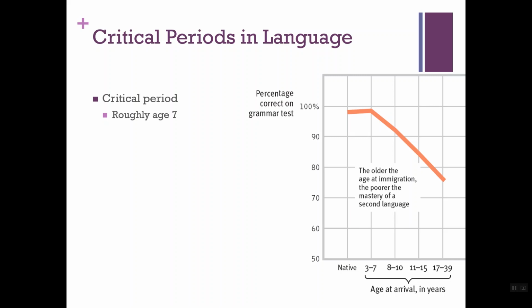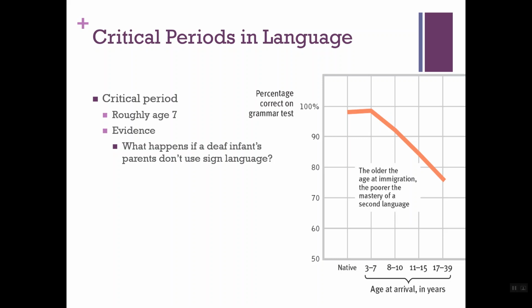Okay, and so we saw that with Jeannie, but there's a couple of different bits of evidence for this. So if a deaf infant's parents don't use sign language to speak to their child, to communicate with them, I should say, the deaf infant, if by the age of 7 this doesn't happen, will not be able to master sign language. Okay, so they're just like hearing individuals who are using verbal language.